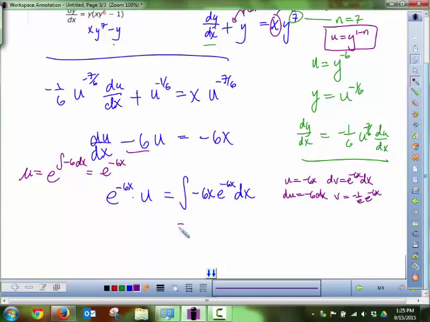So uv, the negative 6's would cancel. I have x e to the negative 6x minus v, the integral of v du. Negative, negative would cancel. The 6 and the 6, 1 6 would cancel. Also, and I just have an e to the negative 6x dx.